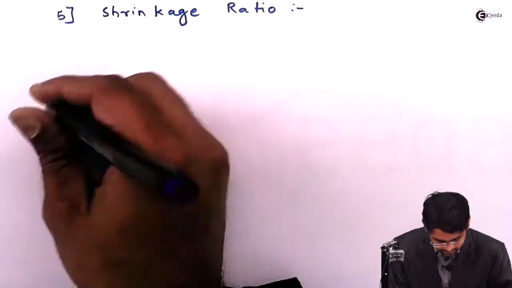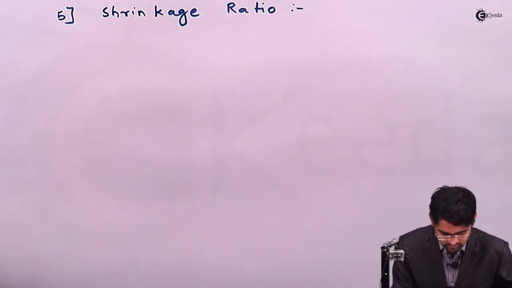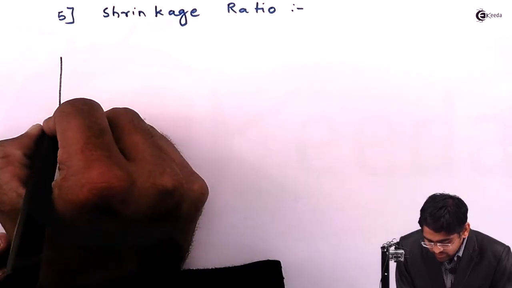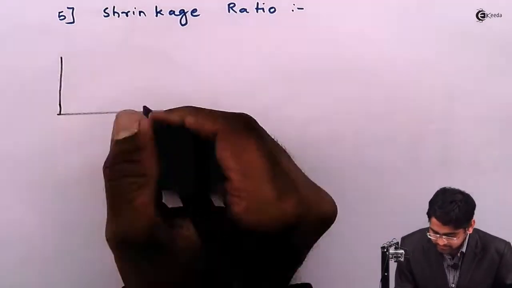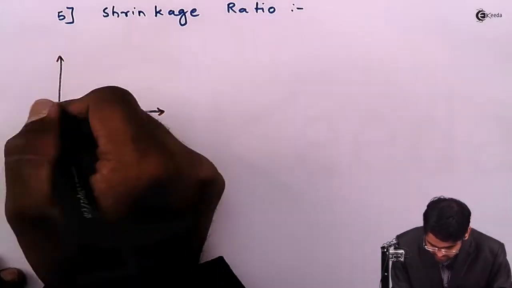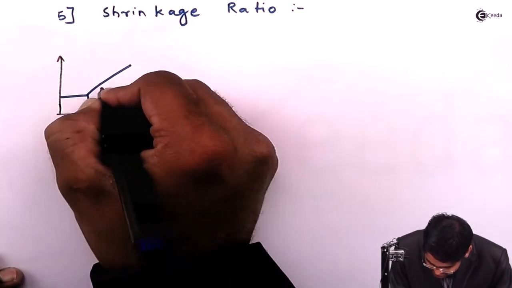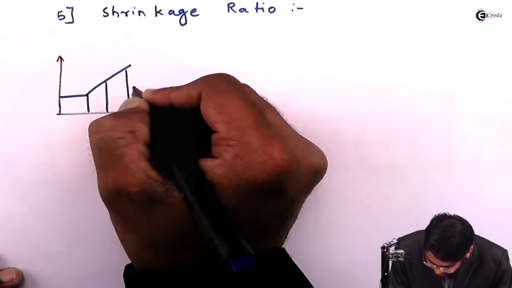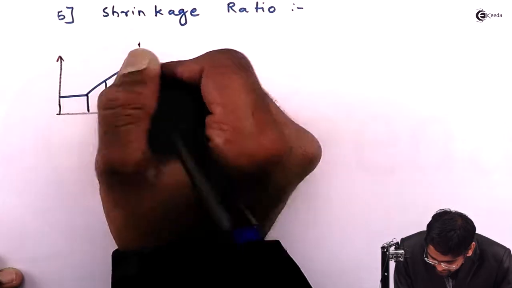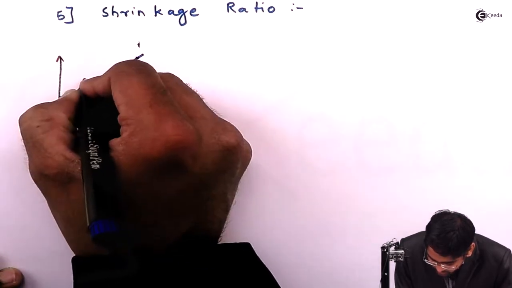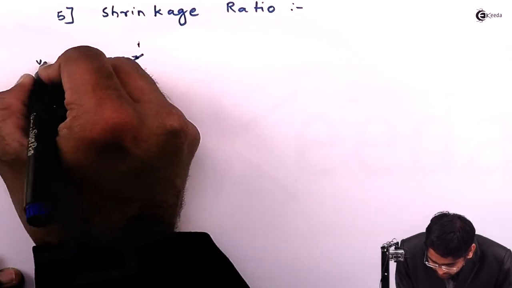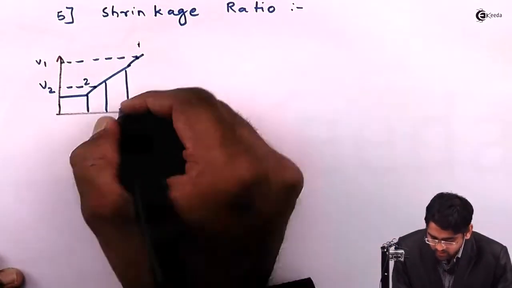That means I'll draw a same curve here again, which is volume of a soil and water content. So if I got this particular point number 1 and this particular point number 2, from point number 1 and point number 2 I got the volume V1 and V2.